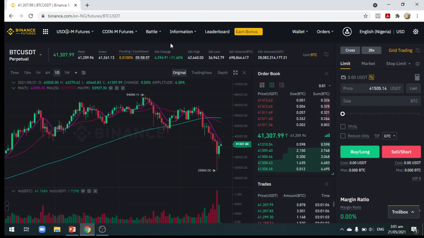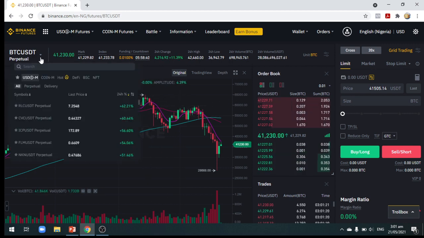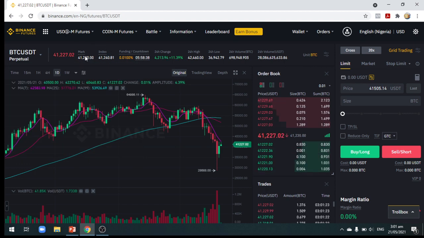Of course, the prices may converge at a point in the future, in the long run, but on a short-term basis, the price of the particular asset you are trading on futures may be slightly different from the price of that particular asset on spot trading.